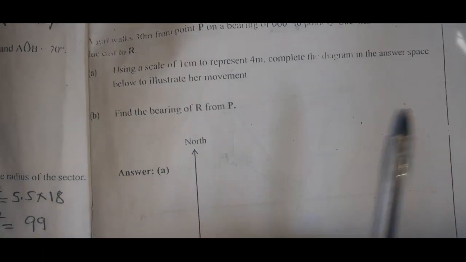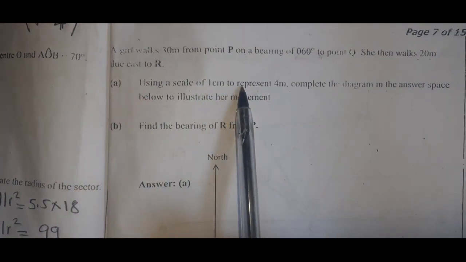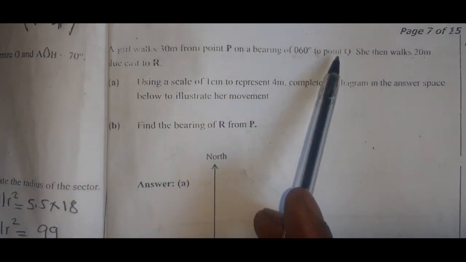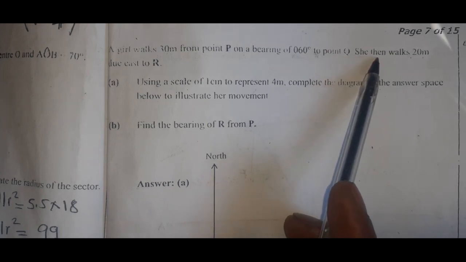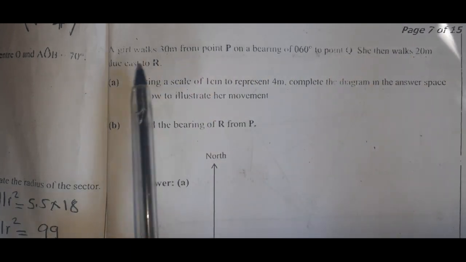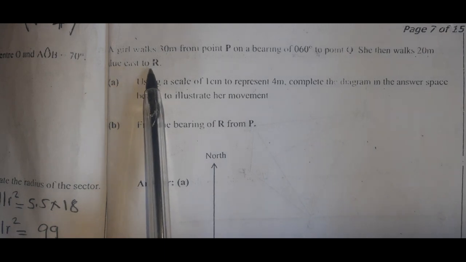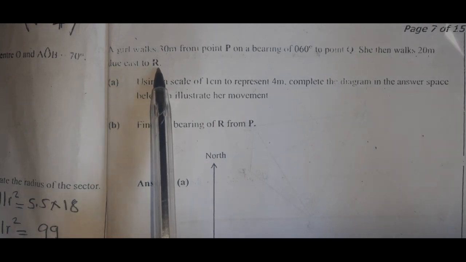Point P is here. Okay. On a bearing of 60 degrees from point Q. Okay. She then walks 20 meters due east to R.